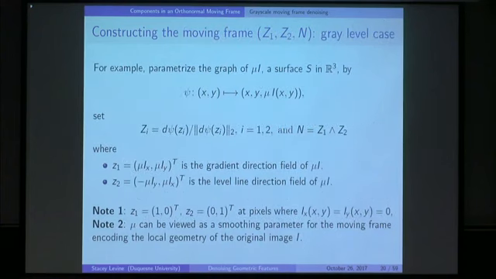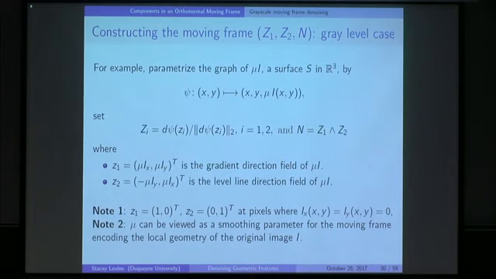The simplest way to do this is if we parameterize the image surface I, and we look at a scaled version of the image surface. Actually, that scaling parameter is important to make this work. We embed the image in a three-dimensional surface, a three-dimensional vector, and then take our Z1 and Z2 to be the normalized directional derivatives in the direction of the gradient and the level lines, which seems like the natural thing to do.